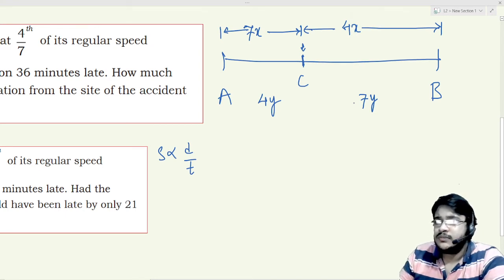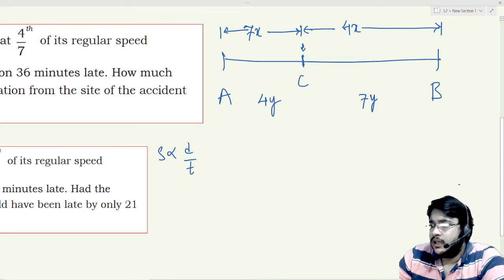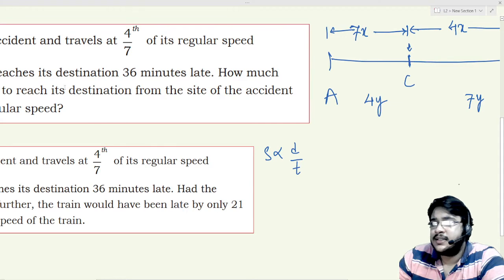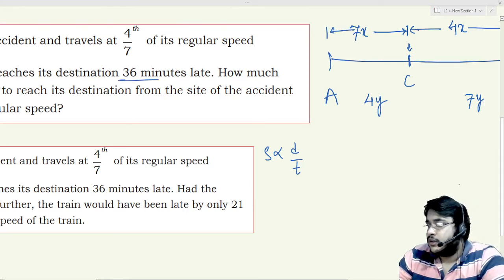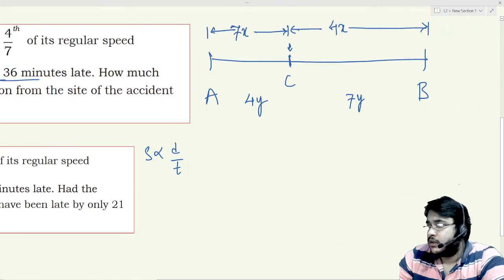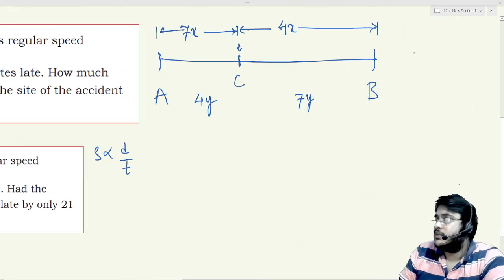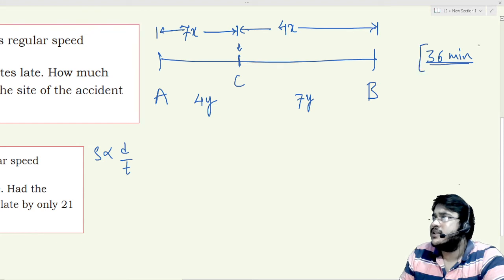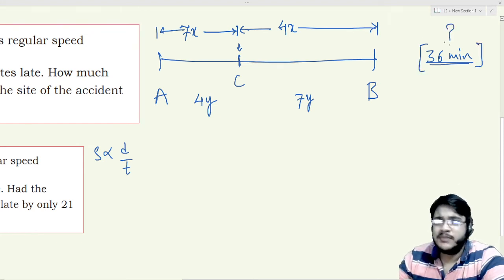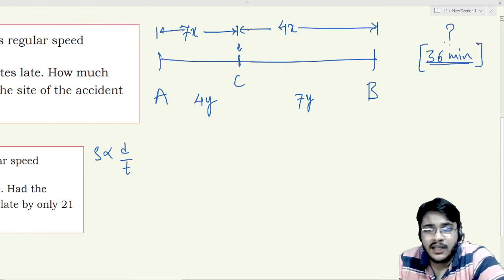Now if I go a little to the left hand side of my screen, it says it reaches its destination 36 minutes late. So let me jot that information down into my diagram. 36 minutes late. Now guys, I am asking you a simple question: why is it 36 minutes late?